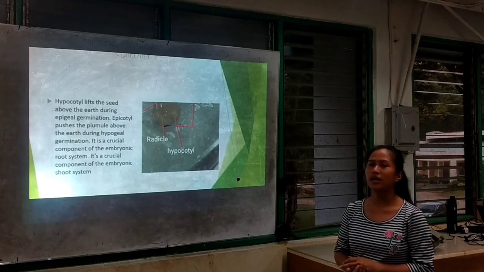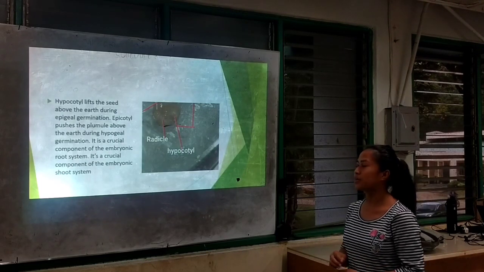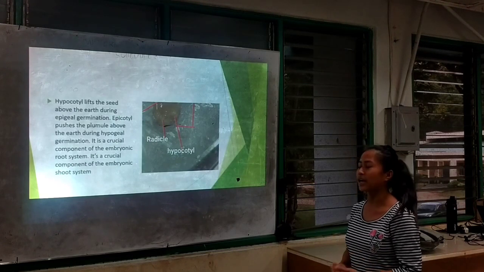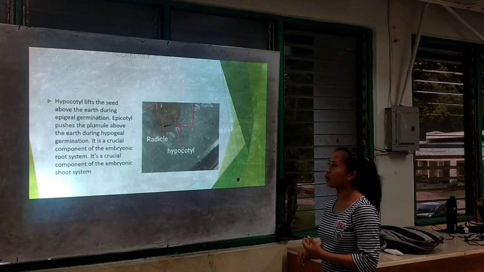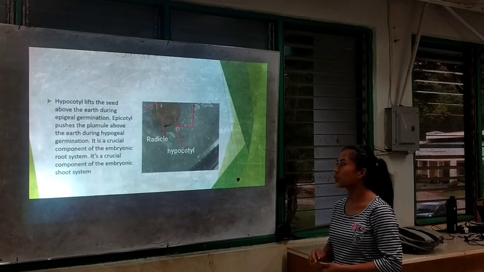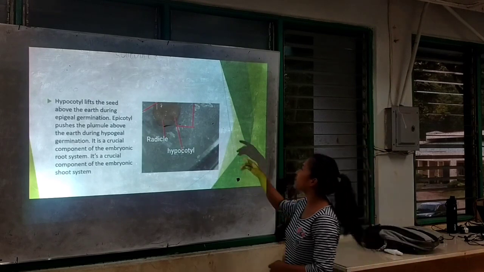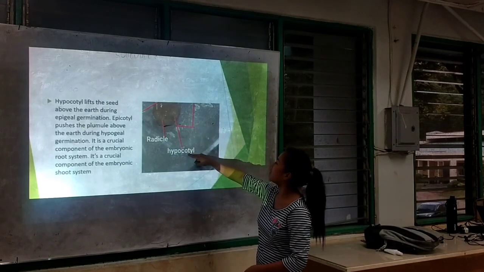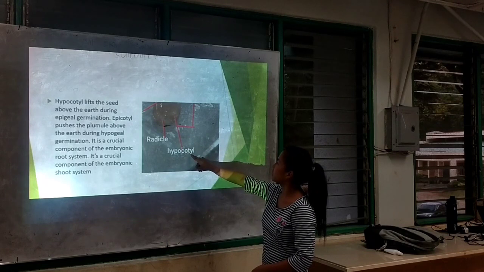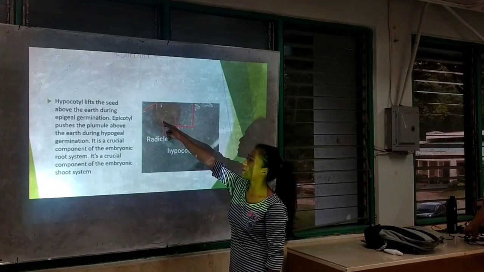The epicotyl pushes the plumule above the earth during hypogeal germination. It is a crucial component of the embryonic root system. This part here is the hypocotyl, and the radicle is this portion.